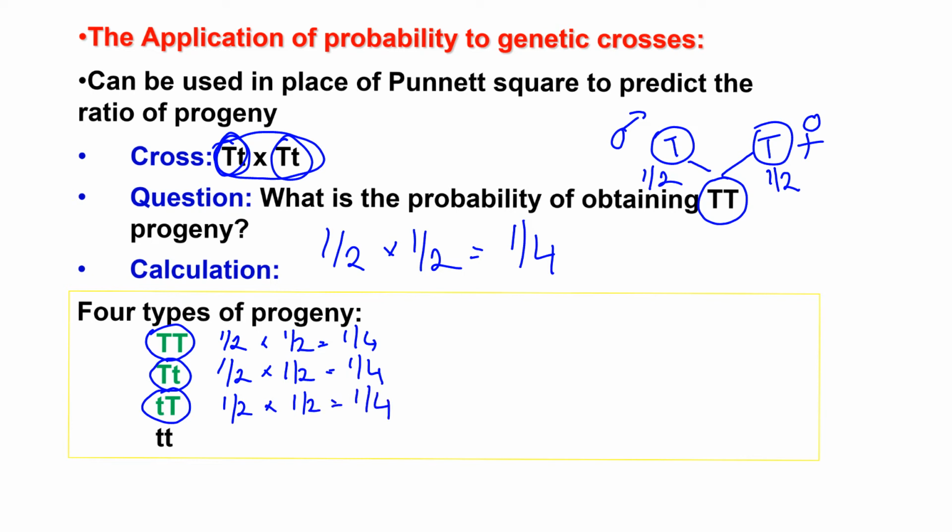Now you ask, what is the probability to obtain offsprings with dominant phenotype regardless of genotype? So what it can be? It can be either homozygous dominant or first heterozygous or third heterozygous. So all these three are possible.